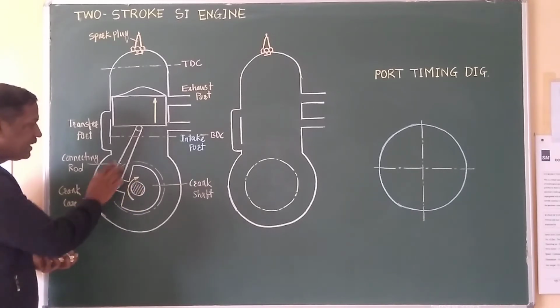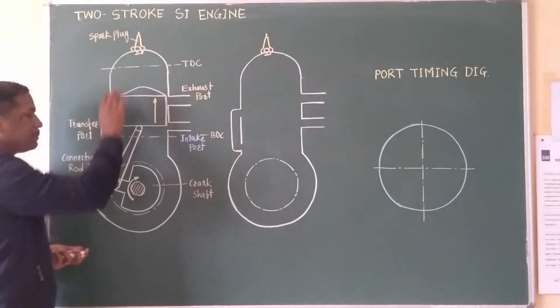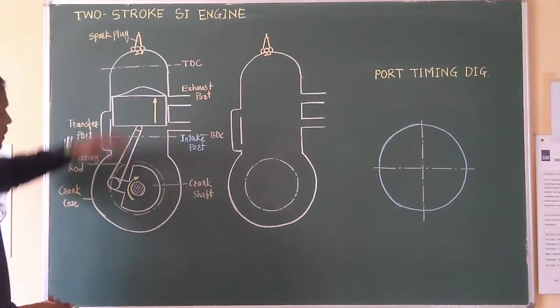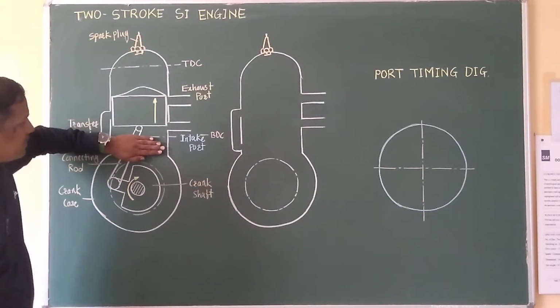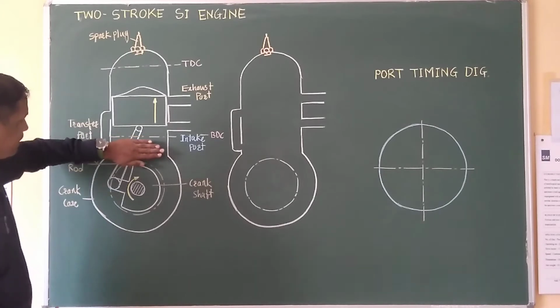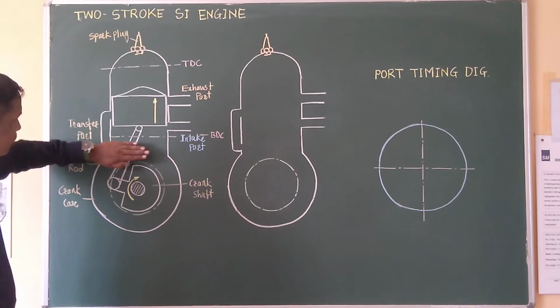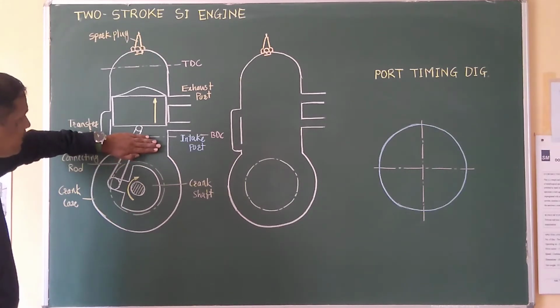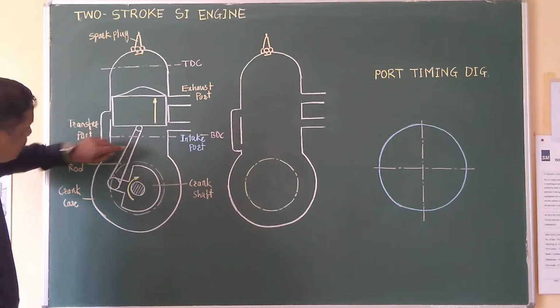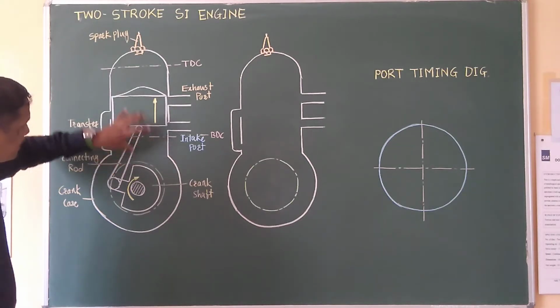When this crank starts to rotate, that is when we kick our vehicle or press the button start, then this crank will rotate in a clockwise direction. As this crank rotates, this connecting rod will push our piston upward. Initially, suppose our piston is here.